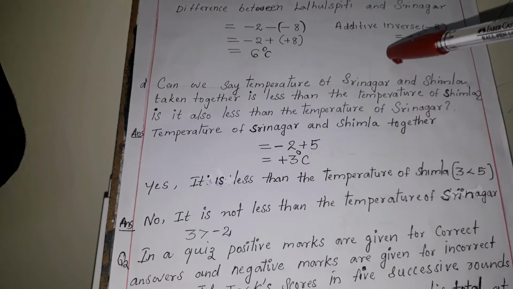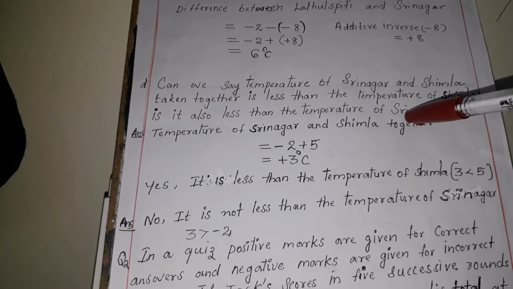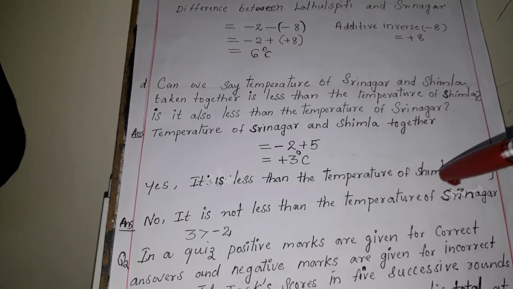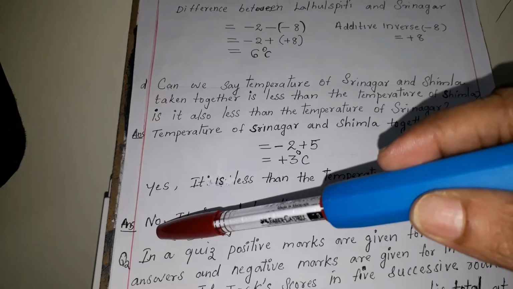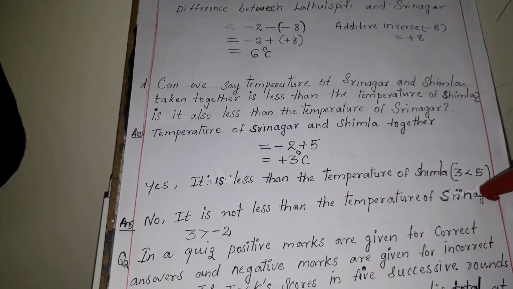One more question is there. Is it also less than the temperature of Srinagar? No. Why? 3 is greater than minus 2. So we can say no, it is not less than the temperature of Srinagar. Okay.